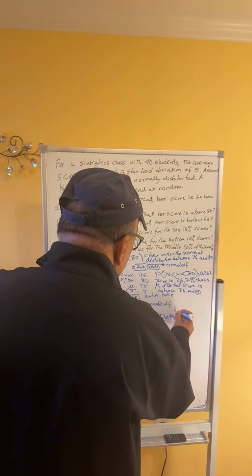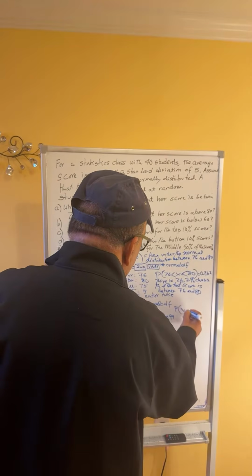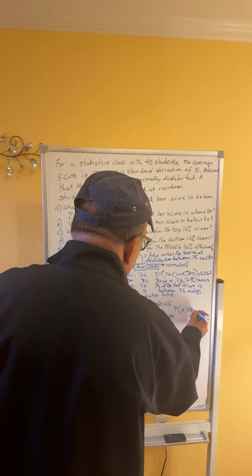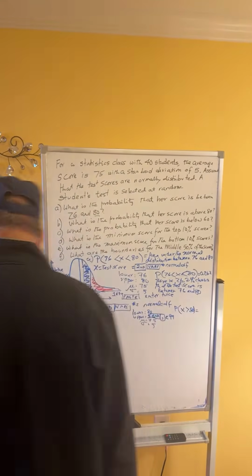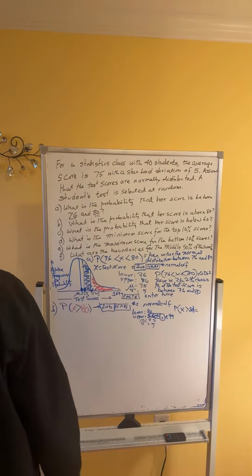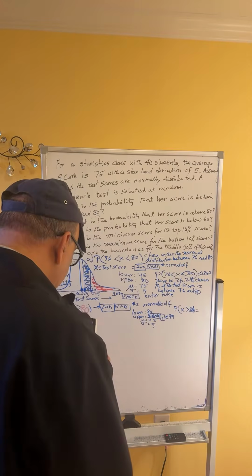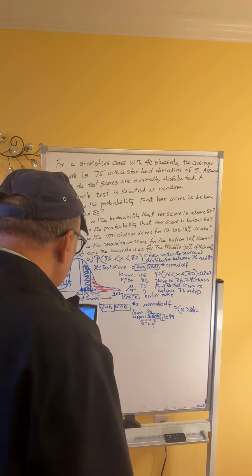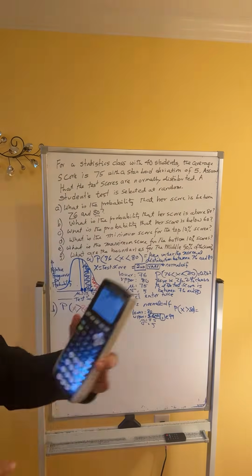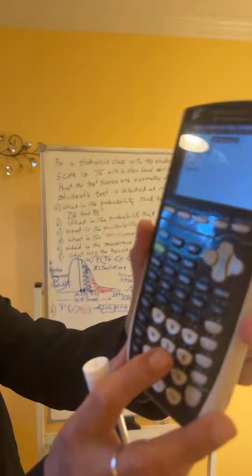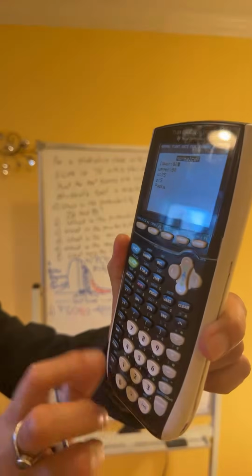So P of x greater than 80 is equal to, so I do second verse, then 2. My lower boundary is now 80.